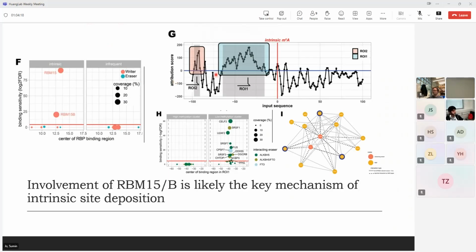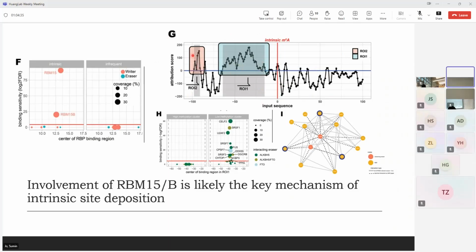If we examine the attribution score across the tissues, which was also analyzed by Ting He, what we can see here is the positive attribution score, which means that these regions of sequence are actually contributing to classifying these specific intrinsic sequences.